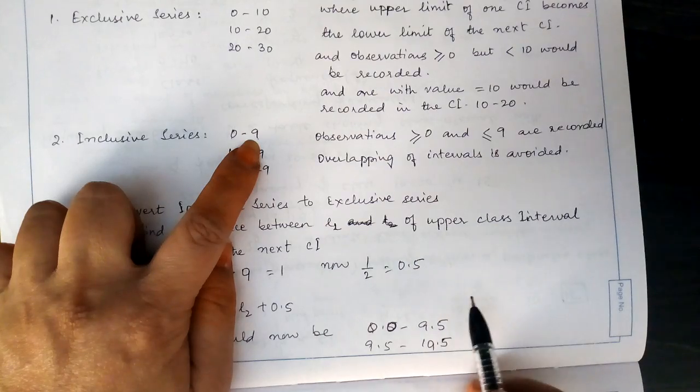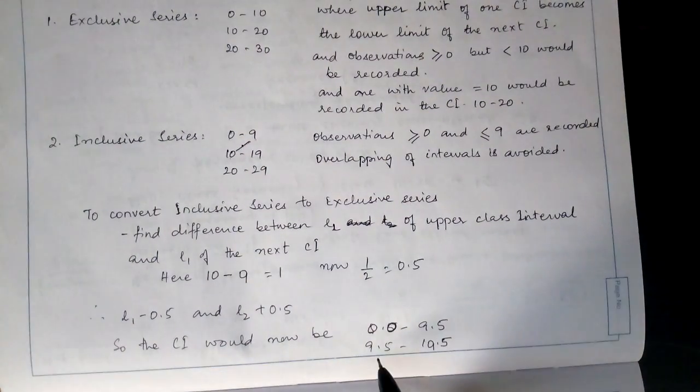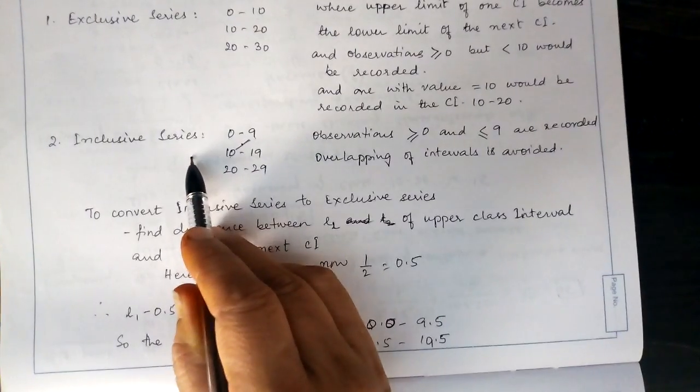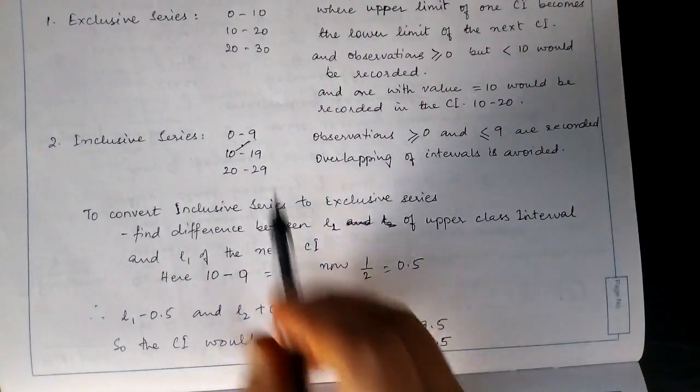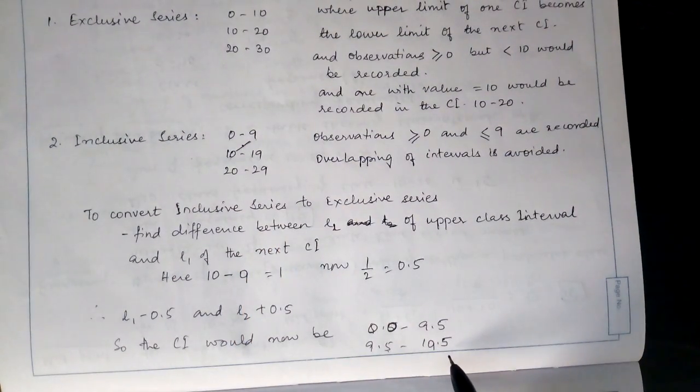Upper limit plus 0.5 will be 9.5. Now the next class interval starts with 10. The lower limit is 10. So 10 minus 0.5 will become 9.5, and 19 plus 0.5 will become 19.5.